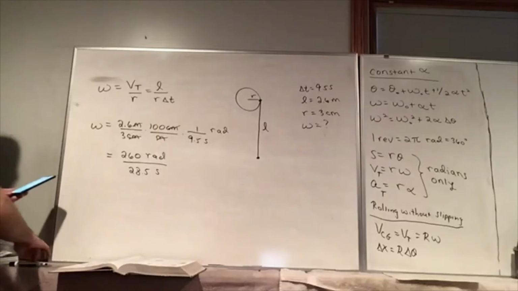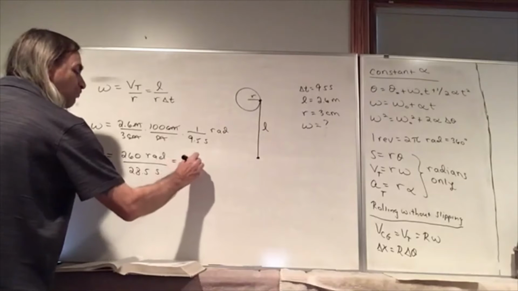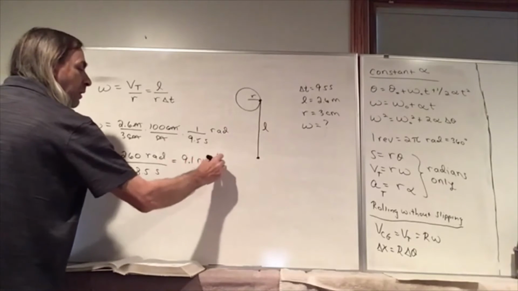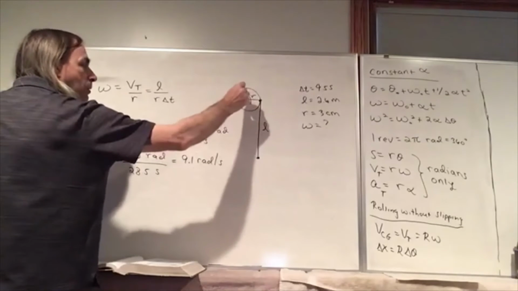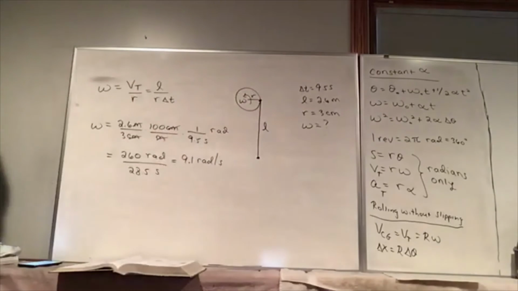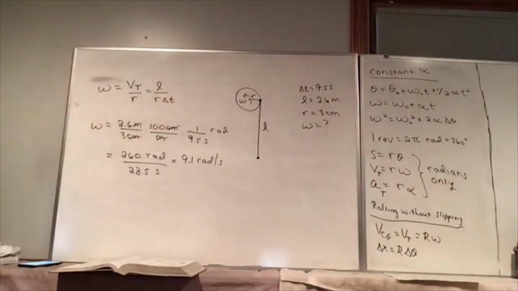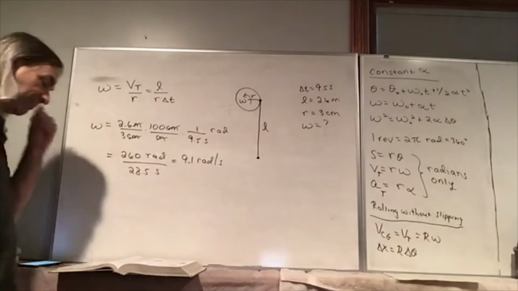So it's about 9.1 radians per second. So that's how fast this wheel, or this reel, is spinning. It's a constant speed, just to lift up that fishing line. So that's that relation between the linear and tangential variables.